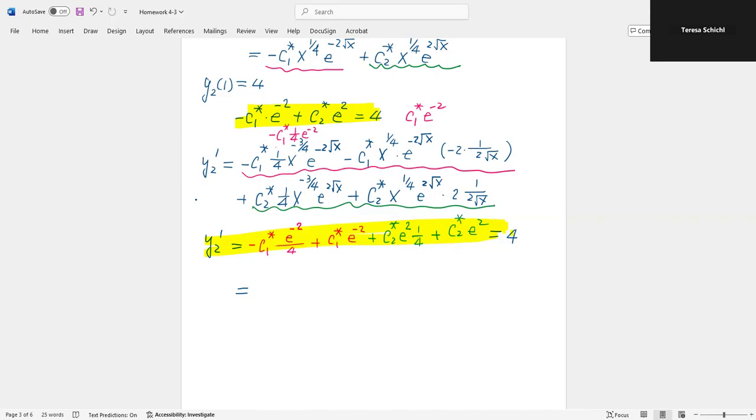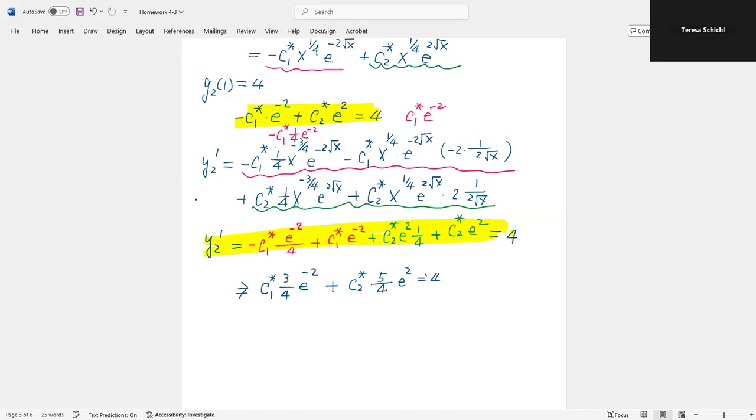So these two terms become C1 star 3/4 times e to the negative 2. Then for the C2 terms, C2 star, 1/4 plus 1 is 5/4 e to the square, equal to 4.